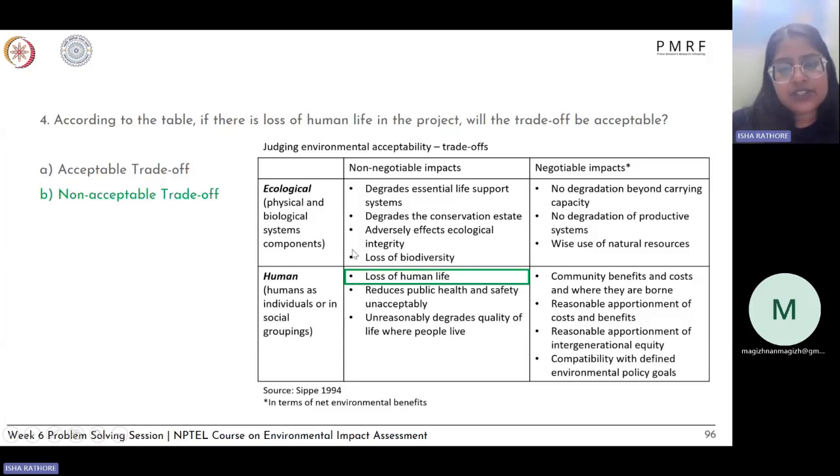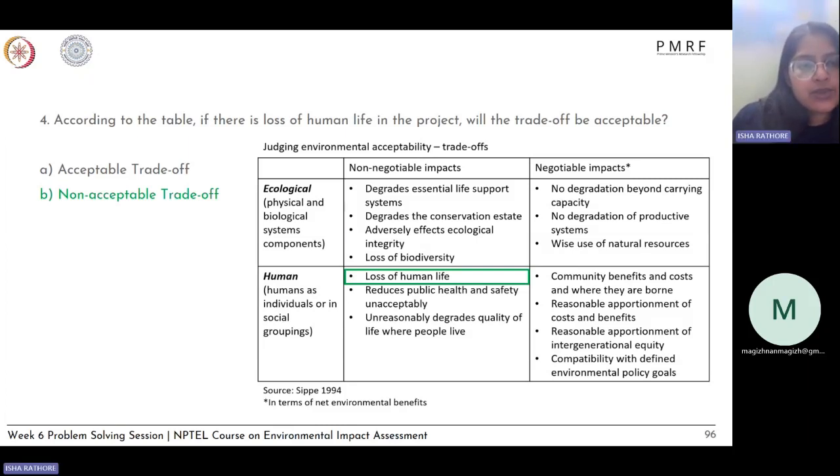These are the impacts for which trade-offs can't be made. That is, if your project is going to lead to these kind of impacts, then you need to abandon that aspect of the project or suggest some alternative approach. So this is a non-acceptable trade-off.